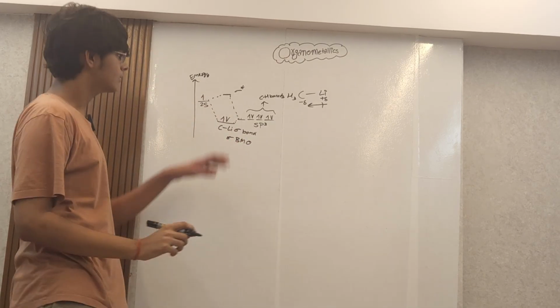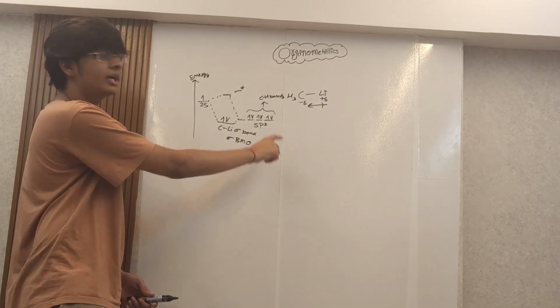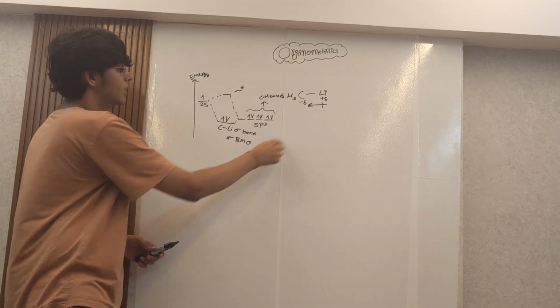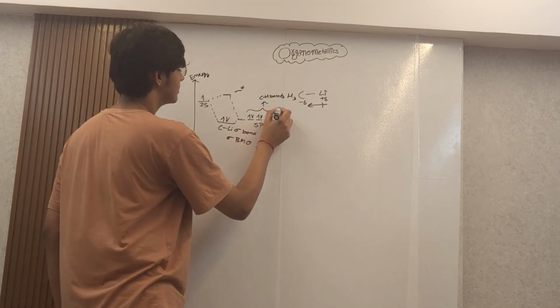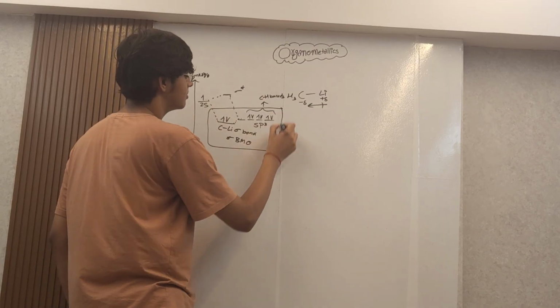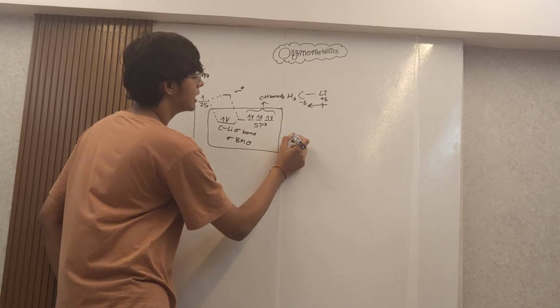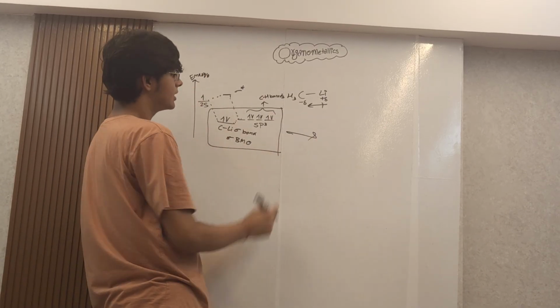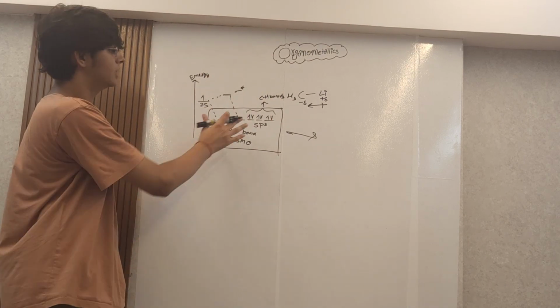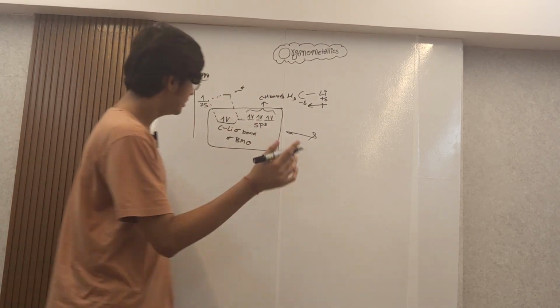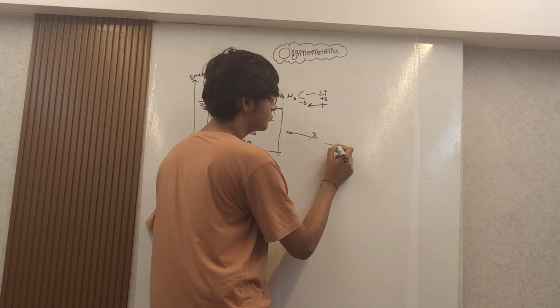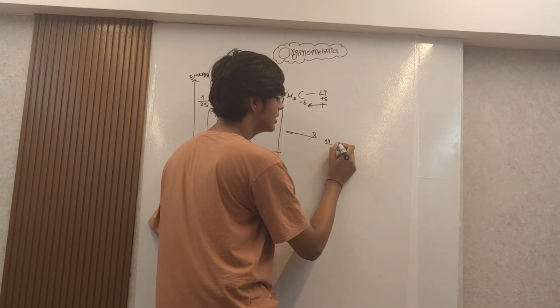Now, this is all good. I want you guys to focus on this part, all right? If you look at it closely, let me make it into a box. You note it down or do whatever you want. If you look at this, we can see that it is like this.